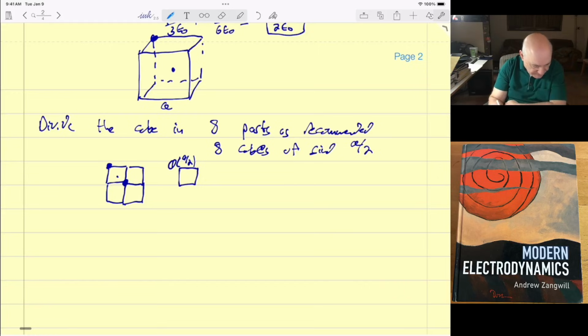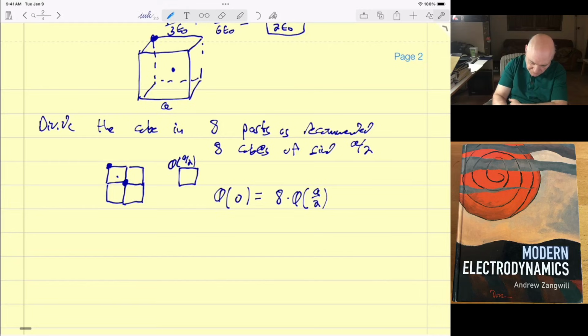So what we have is that phi at 0, the phi at the center of the cube, our master equation is that phi at 0 is going to be 8 times, because there are 8 cubes, 8 times the potential phi at A over 2.